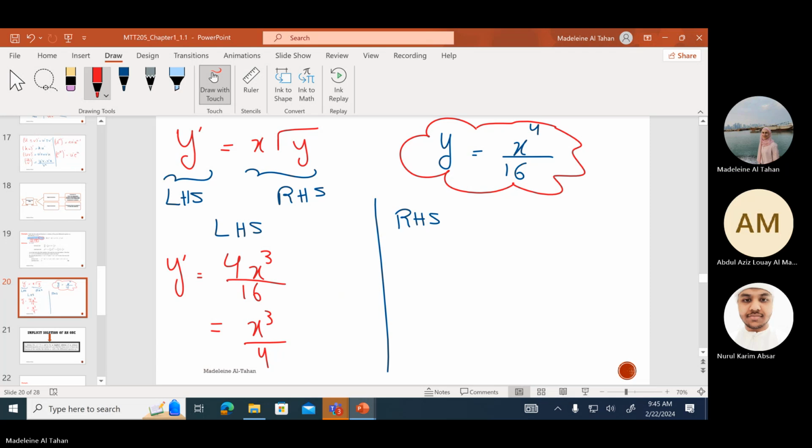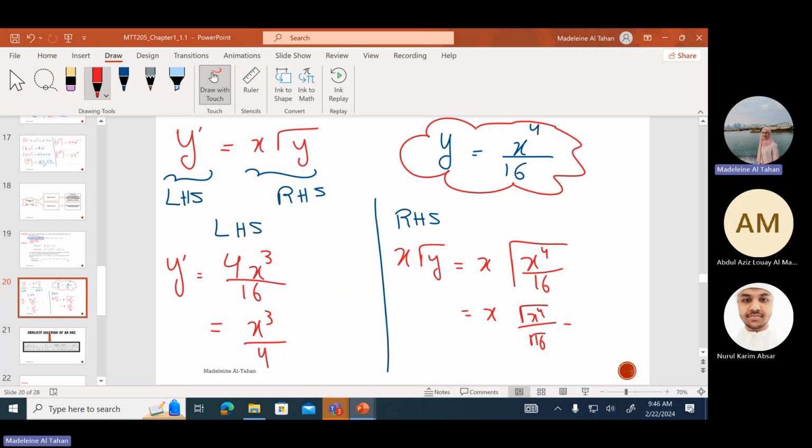Yes. Okay. The right-hand side is now x radical x to the 4 over 16, right? This one, can we write it as x radical x to the 4 over radical 16? Yes. What's radical x to the 4?